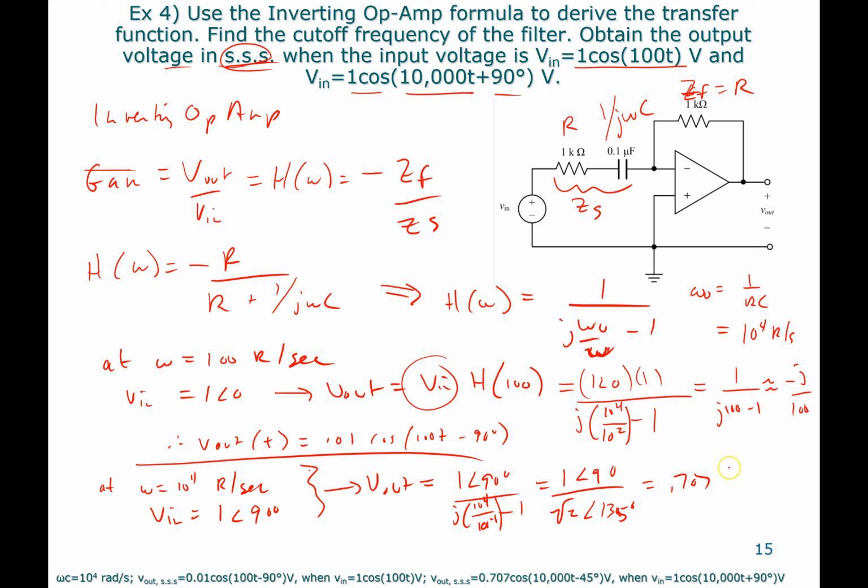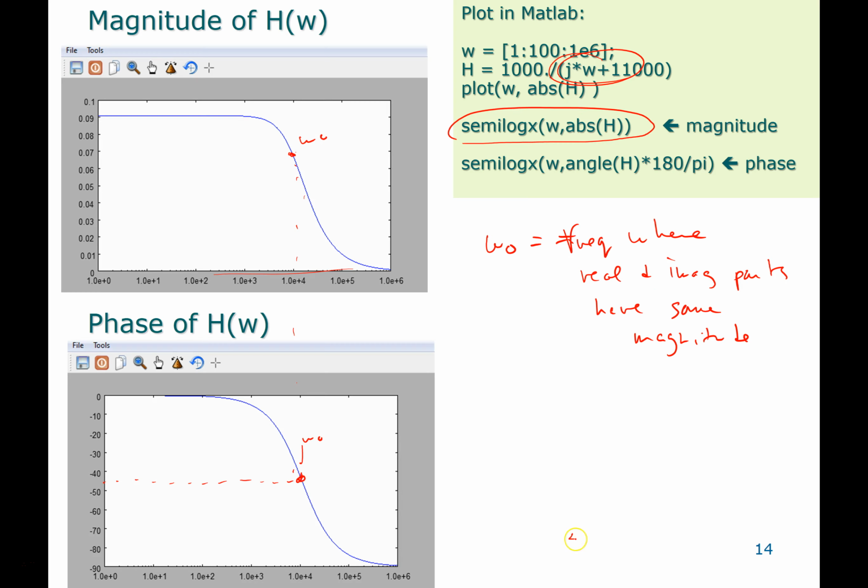So that's 0.707 with an angle of minus 45 degrees. And that means your V out when you're at that frequency is going to equal 0.707 cosine of 10 to the 4t minus 45 degrees.